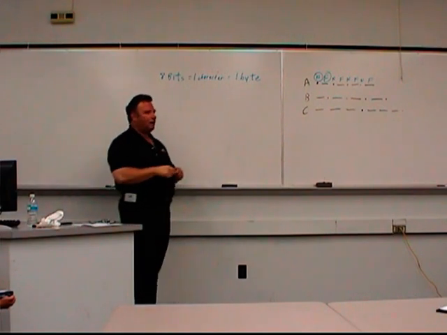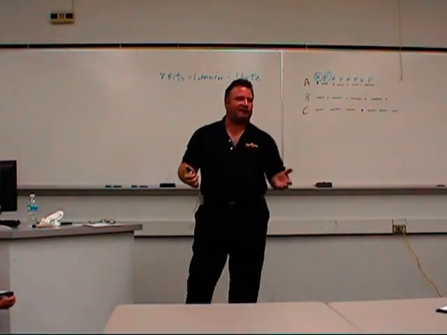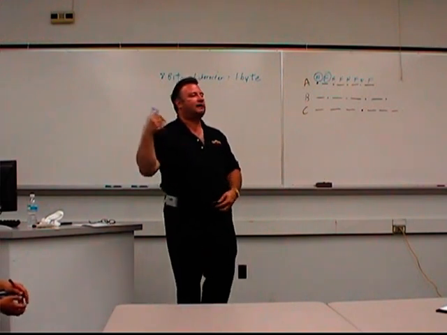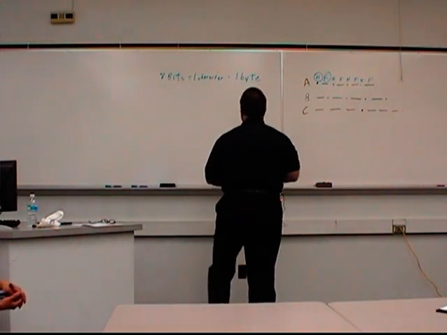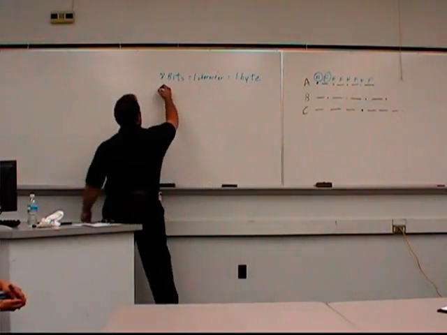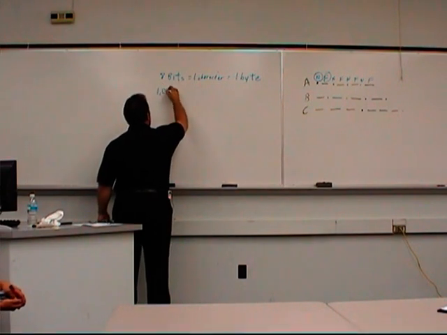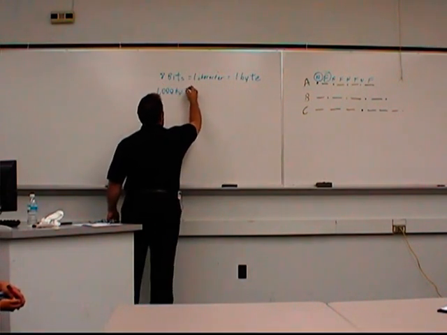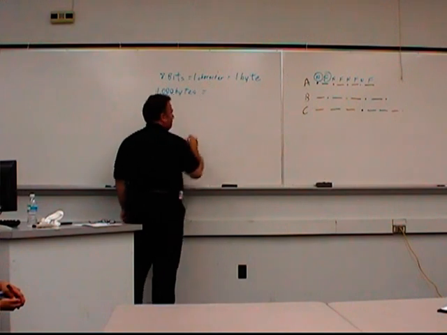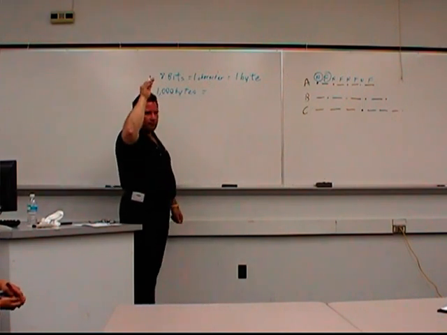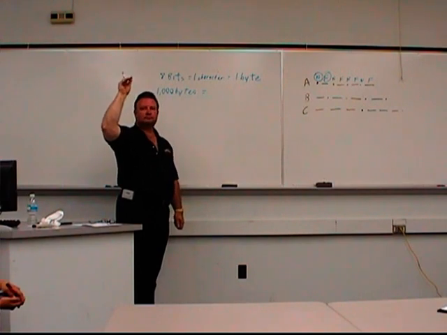Okay. Well, obviously 1 byte is not a lot of information, so we've got much larger numbers or terms to deal with. So when we get up to 1,000 bytes, what's that called? Nope.